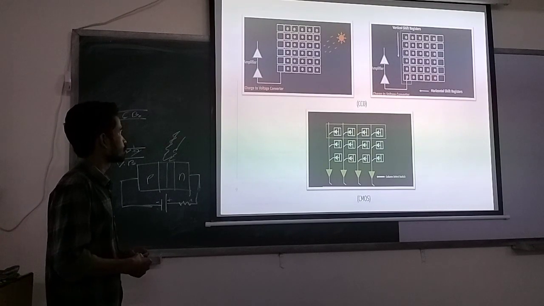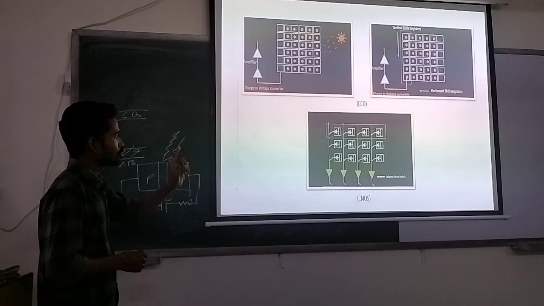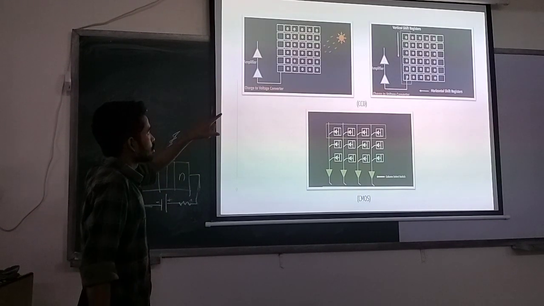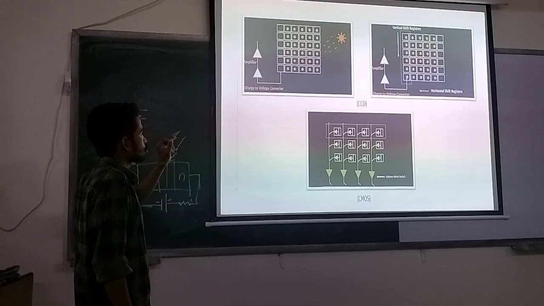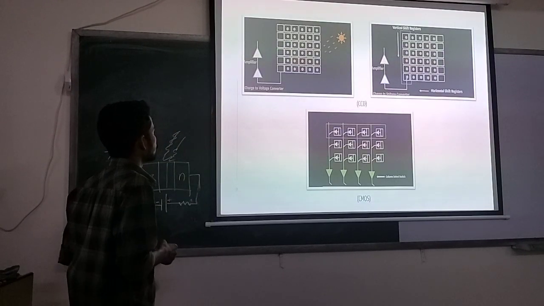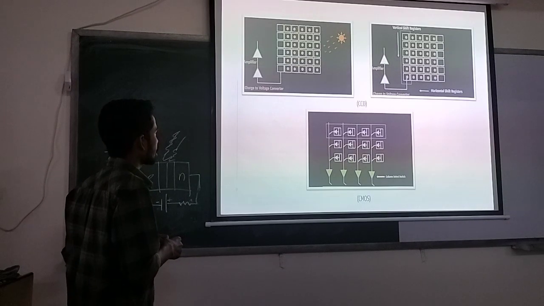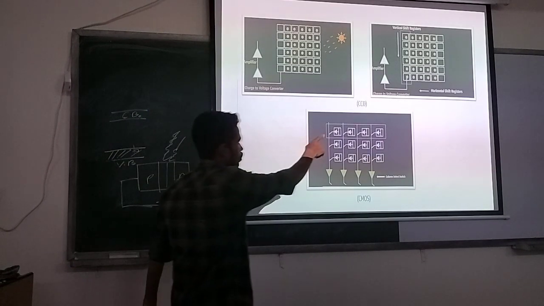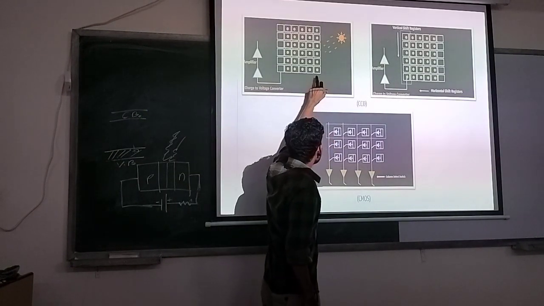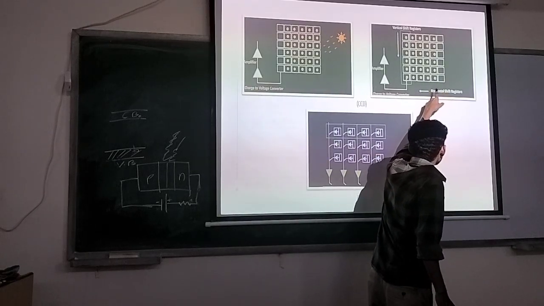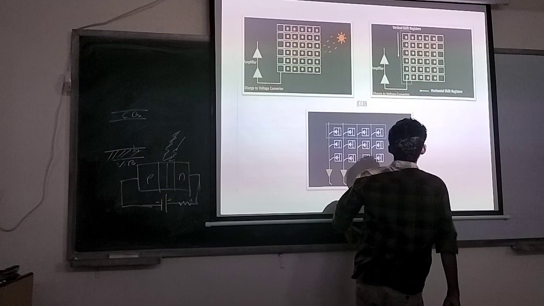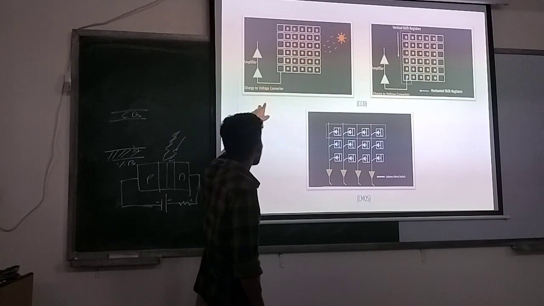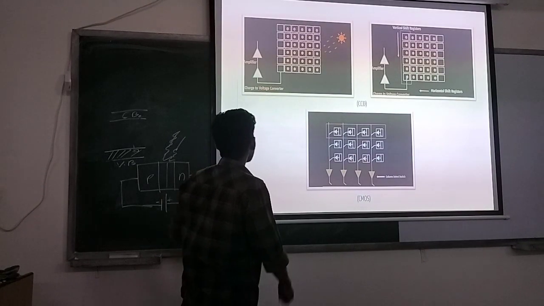In this picture, I want to show a small thing: the comparison between CCD and CMOS. In a CCD, each pixel consists of a photodiode which converts light to charge, and this charge is accumulated by each pixel and transferred for further processing by the horizontal shift register. This charge is then transferred by the vertical shift register, converted to voltage, and then amplified.